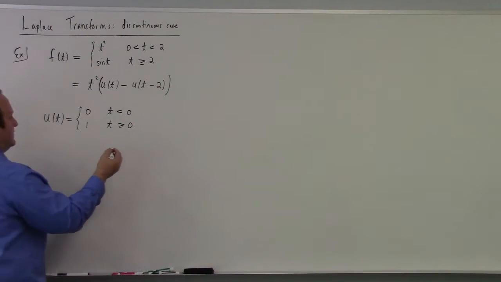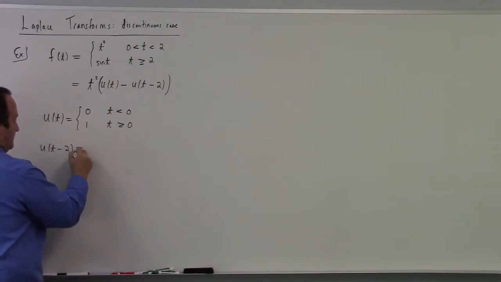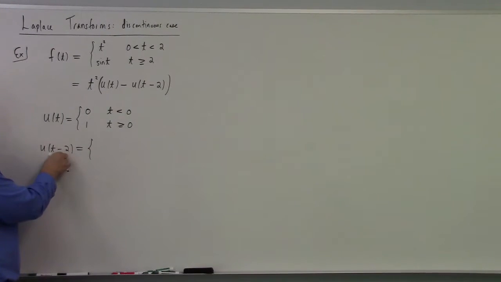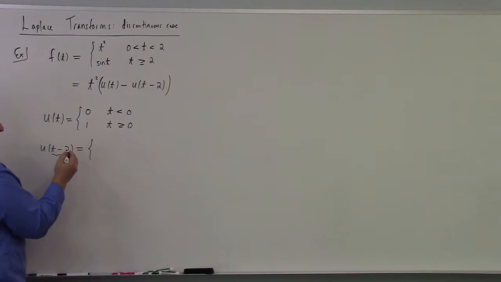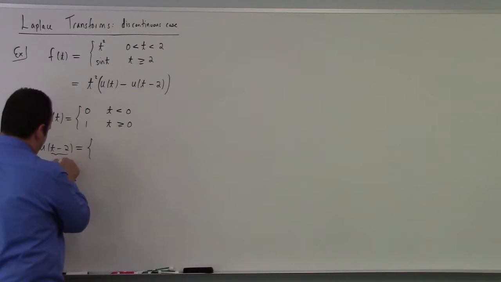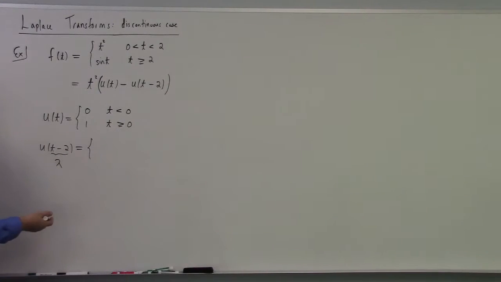So what is u of t minus 2? Think about the substitution. U is a bad substitution variable here. How about s? Still a bad choice. Lambda. Think about this being lambda. If lambda is less than 0, what does that amount to? t minus 2 less than 0, in other words, t is less than 2.